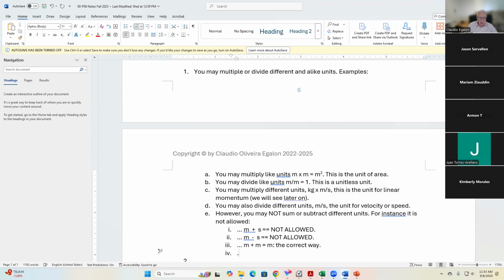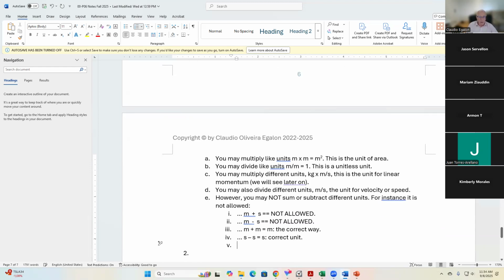Similarly, seconds minus seconds is still going to be seconds. Correct unit. Kilogram, same thing. Kilogram minus kilogram, the result is still the kilogram.